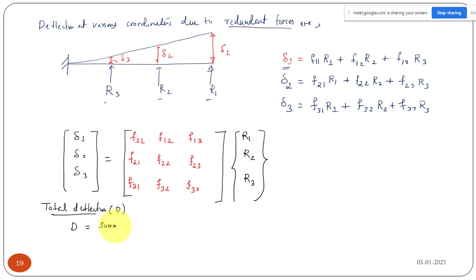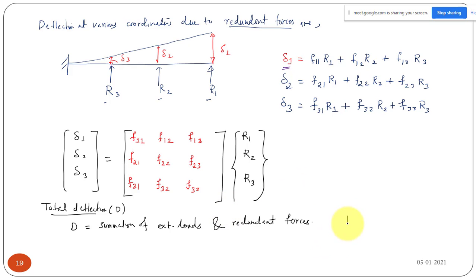the summation of external load and redundant forces.